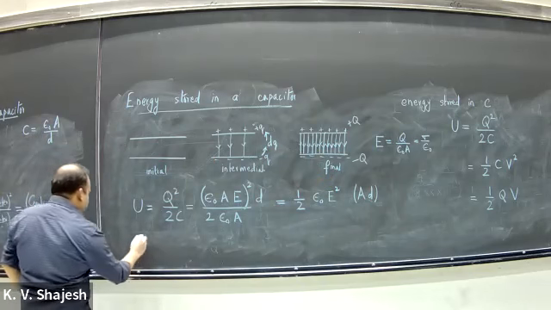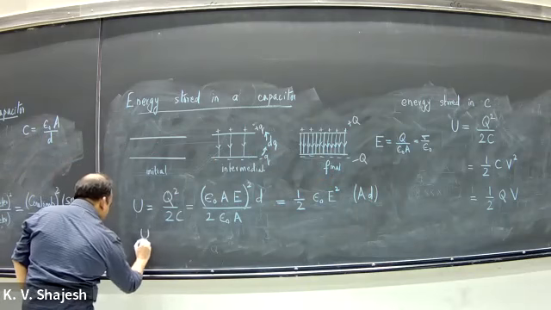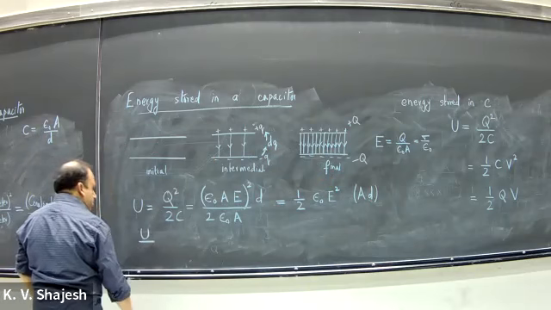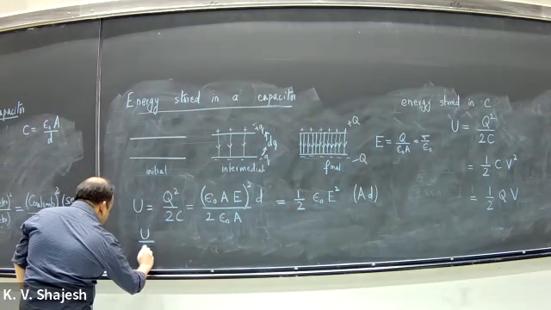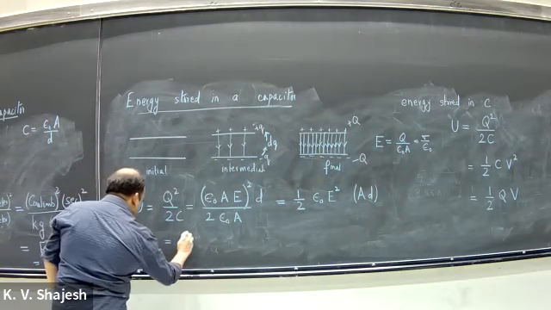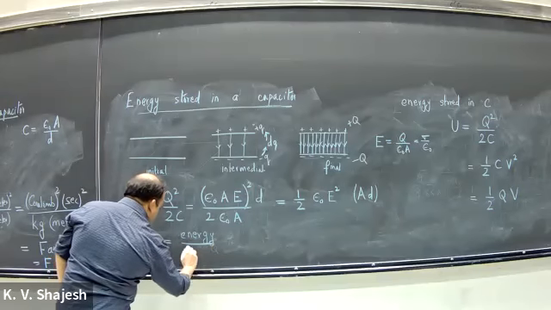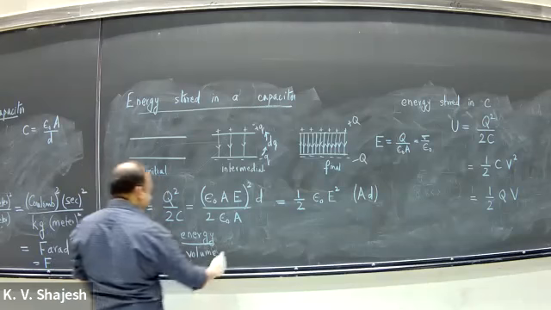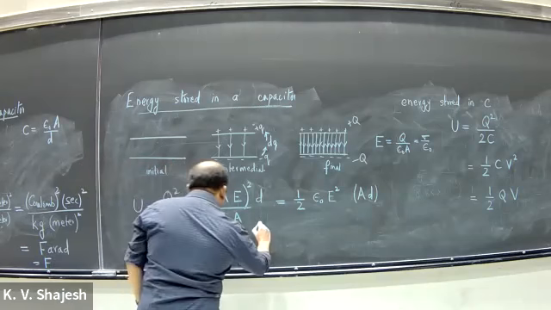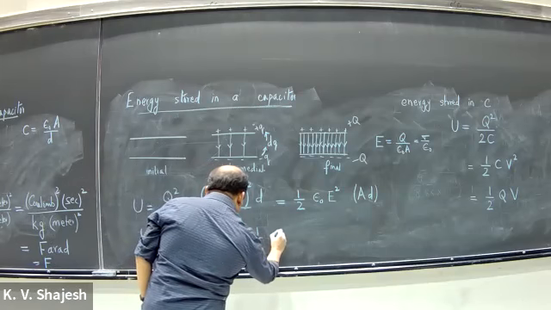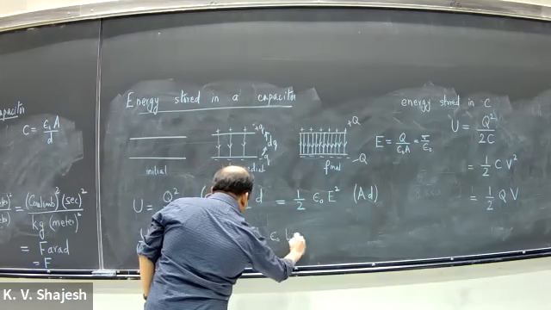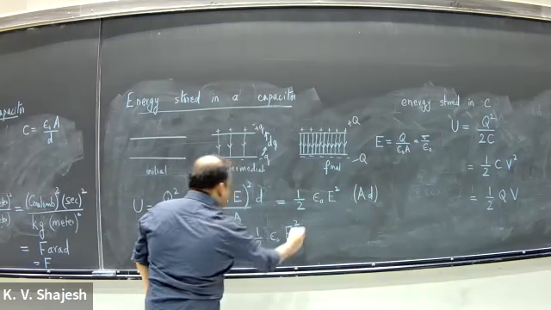So what we are talking about is U, the total energy between the plates, over A times D. That's energy per unit volume. So that's equal to half epsilon naught E squared.